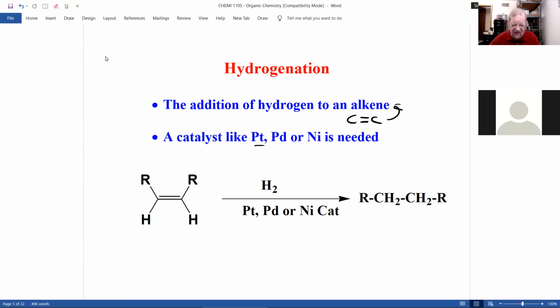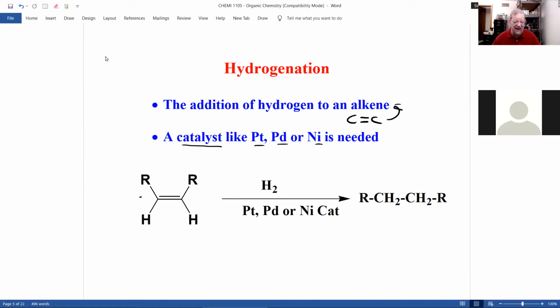And you need a catalyst like platinum, palladium, or nickel. A catalyst is something you add that makes a reaction go quicker. Reactions take time. There can be fast ones and slow ones. And a catalyst makes the slow ones go quick.